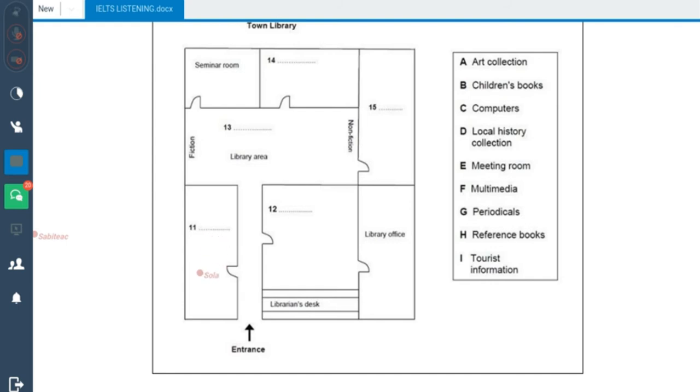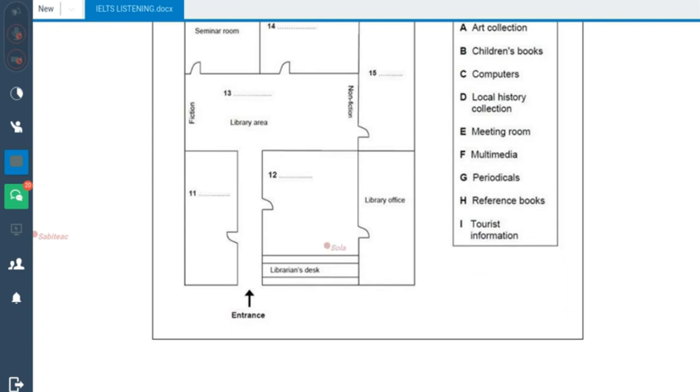That's for question 11. The speaker might say, close to the entrance and on the left hand side of the plan, we have the multimedia. So for question 11, the correct option is option F, since that's multimedia.